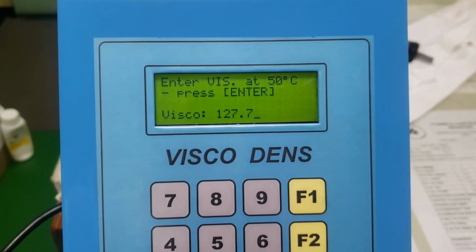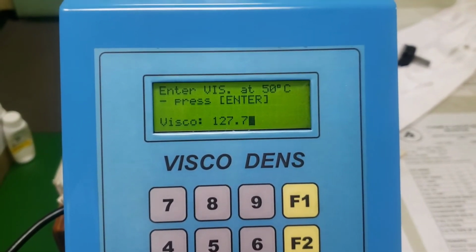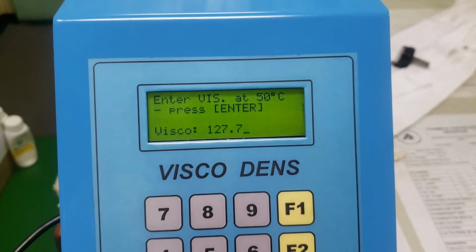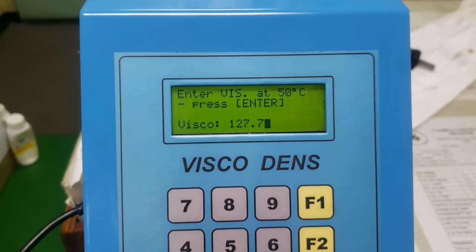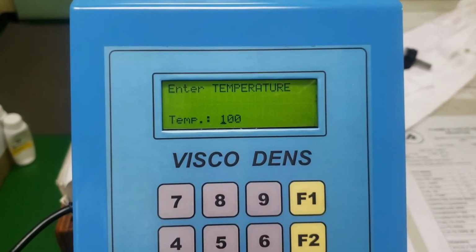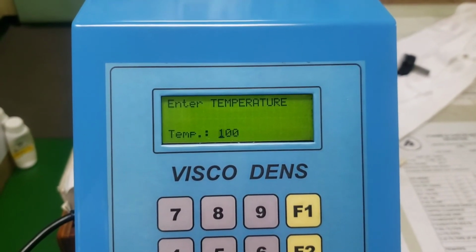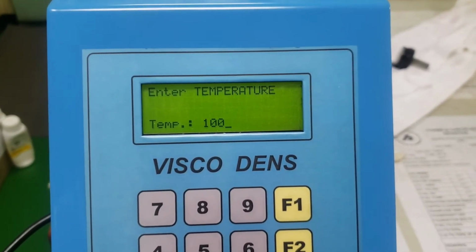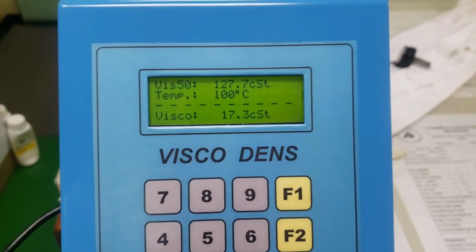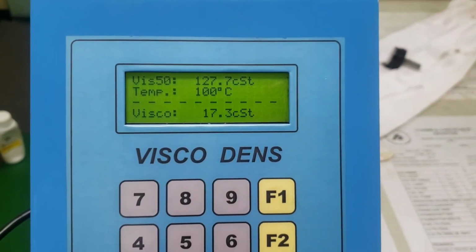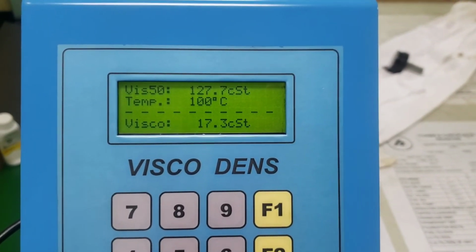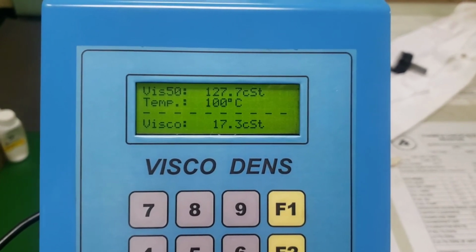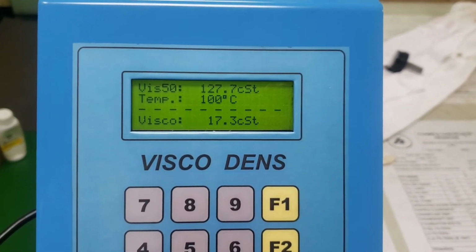So we're going to determine the viscosity of our oil at 100 degrees centigrade. We're going to enter. So the temperature is 100 degrees centigrade. We're going to enter. So the viscosity of our oil at the temperature of 100 degrees centigrade is 17.3 centistokes.